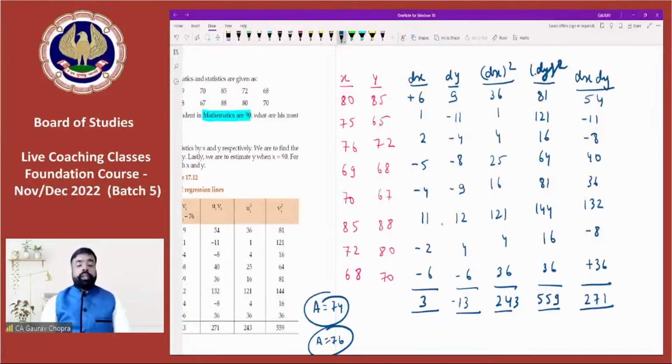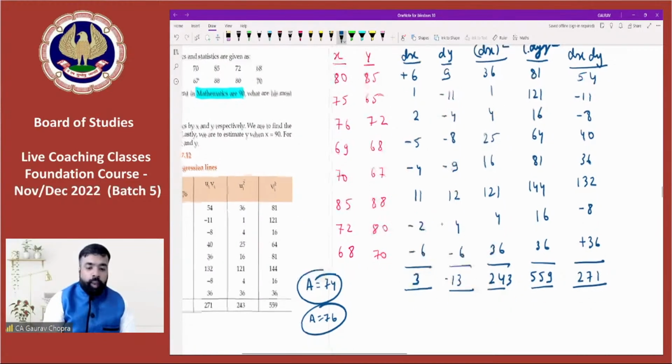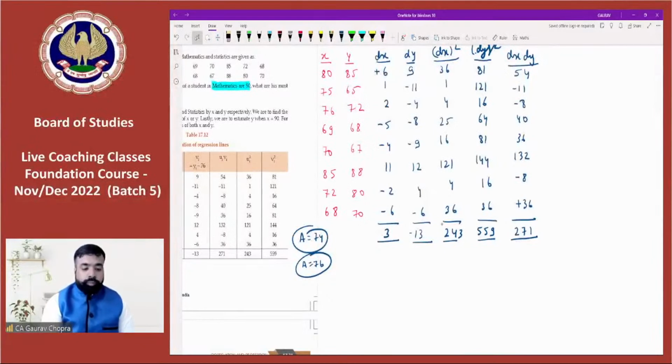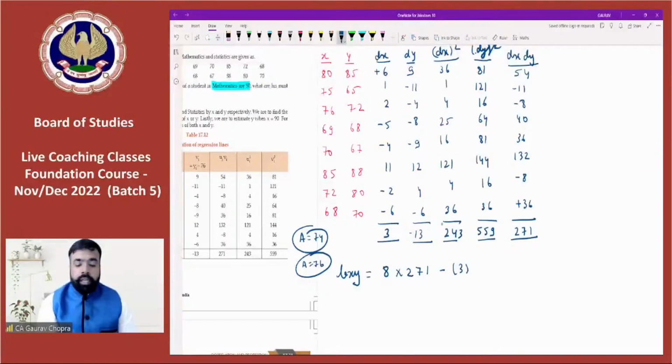So this is basically the shortcut method. You can assume any value, take deviation, and find all the possible values. After that, we can apply the formula. Now we have to find bxy. N is 8, into sigma dx dy, 271, minus sigma dx into sigma dy, that is minus 30.